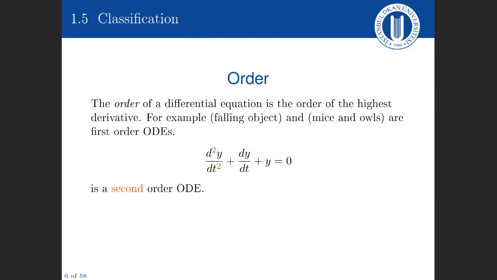How many derivatives do we have? There's 0 derivatives here, 1 derivative just here, and in the first term there's 2 derivatives. What is the highest number out of 0, 1, and 2? The highest number is 2. So this is a second order ordinary differential equation.